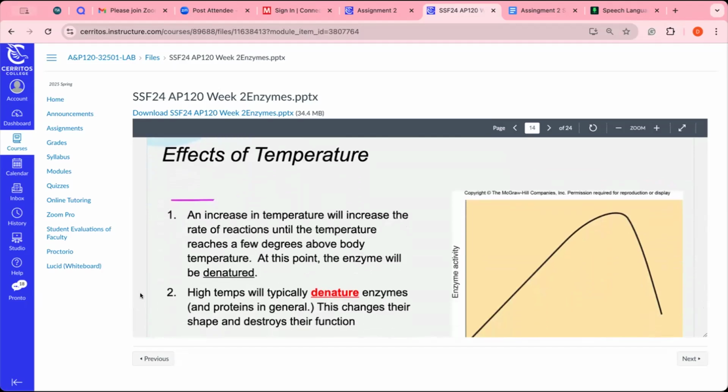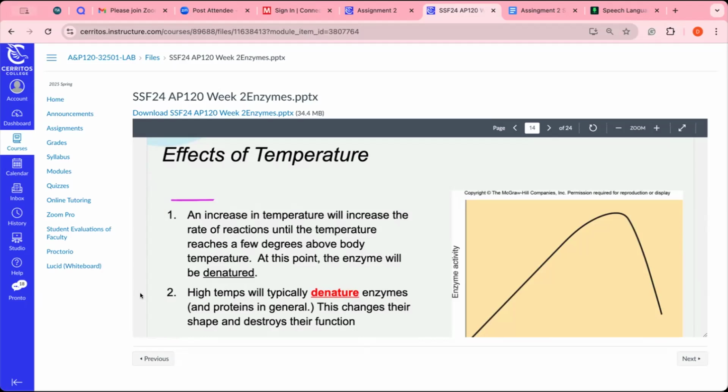So we're going to look at effects of temperature first. An increase in temperature will increase the rate of reaction until the temperature reaches a few degrees above body temperature. At this point, the enzyme will be denatured.